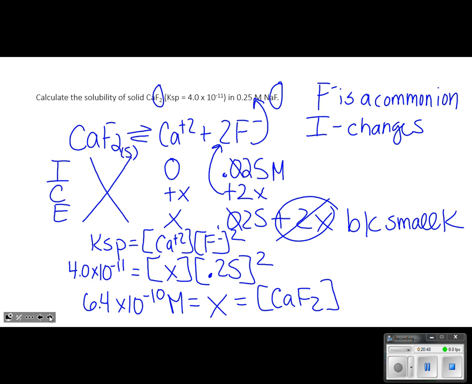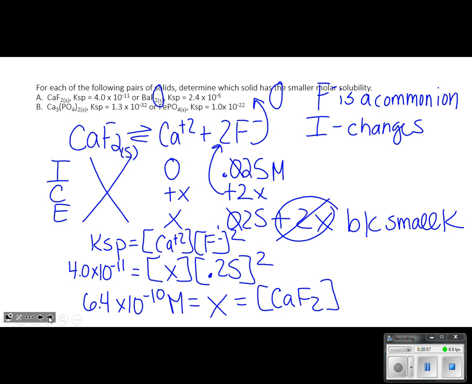And then one last thing to show you was the relative solubilities. For each of the following pairs of solids, determine which solid has the smaller molar solubility.